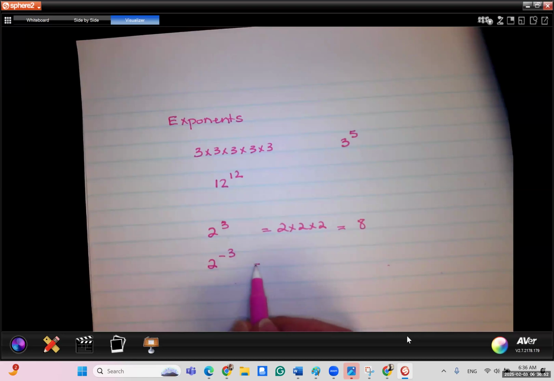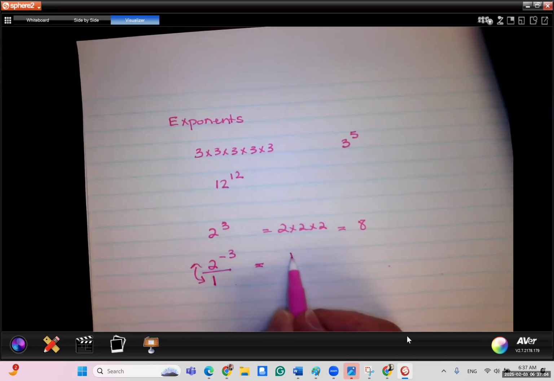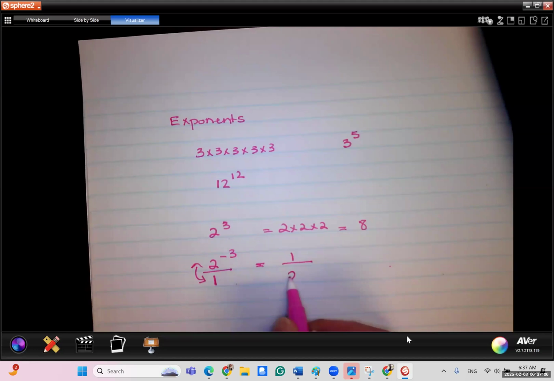So to deal with a negative exponent, we pretend that there is a denominator of 1, and then we flip this over and bring that to the bottom. Once we do that, the exponent becomes positive, and now we have a fraction which shows us a repeated division.